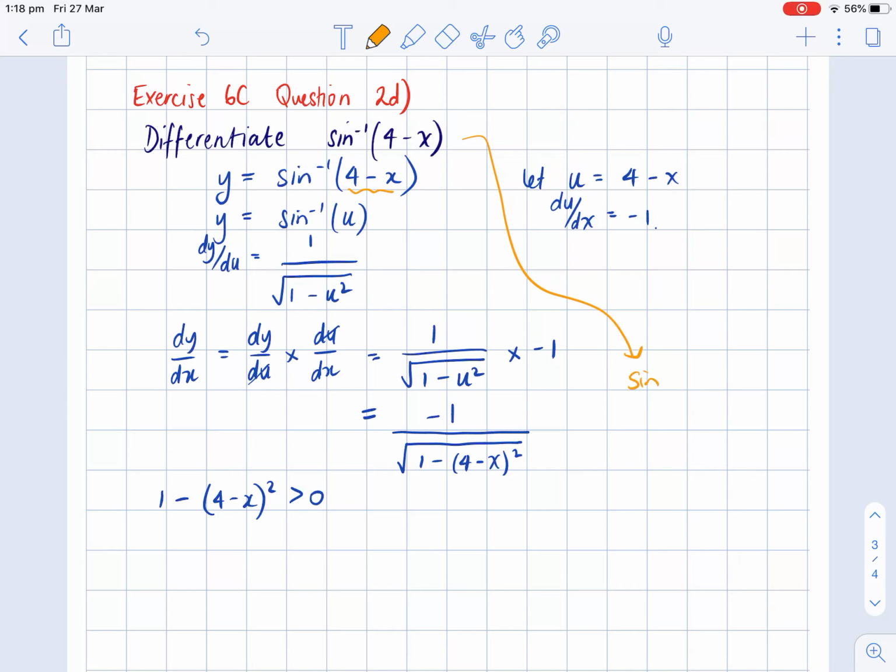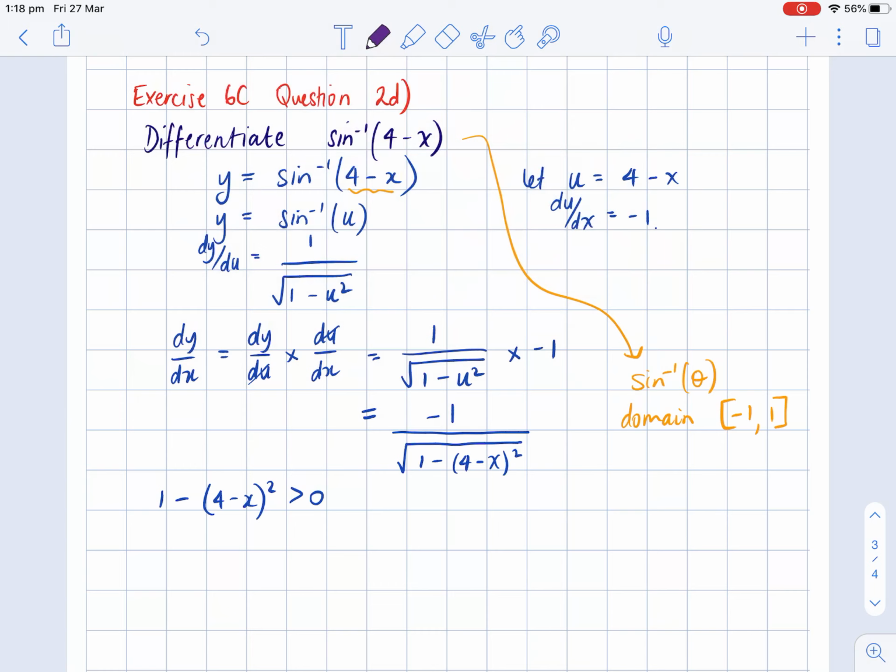I know that inverse sine theta has a domain of minus 1 to 1.